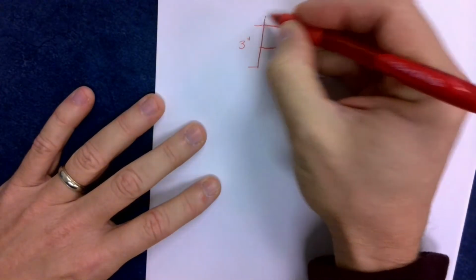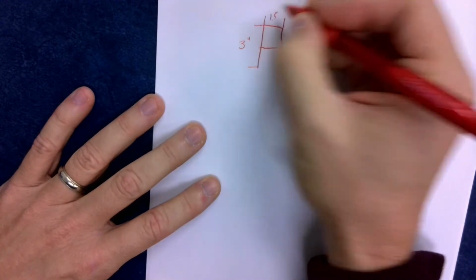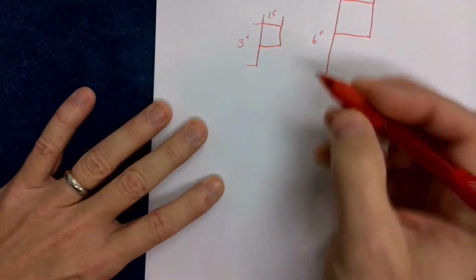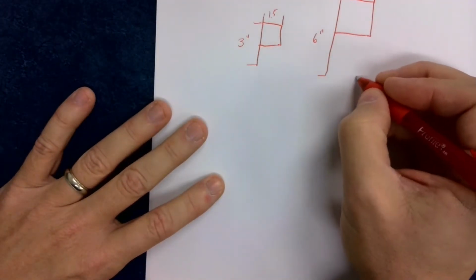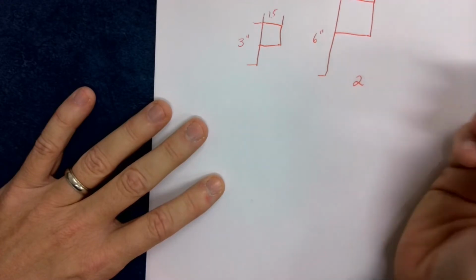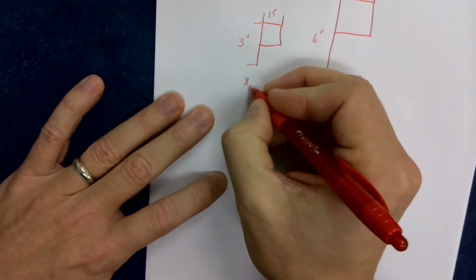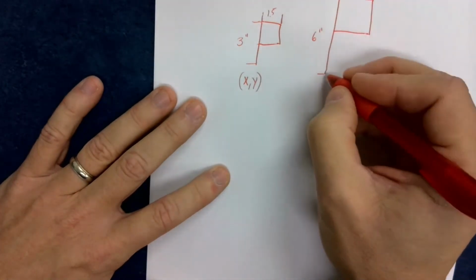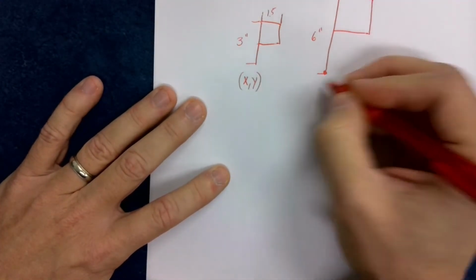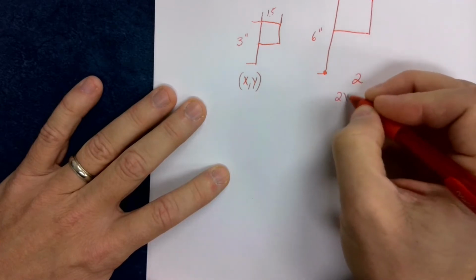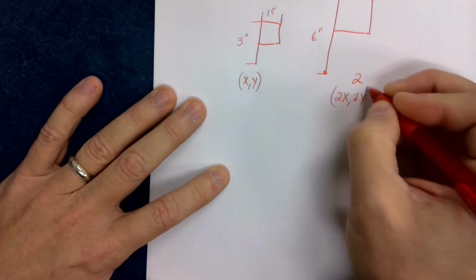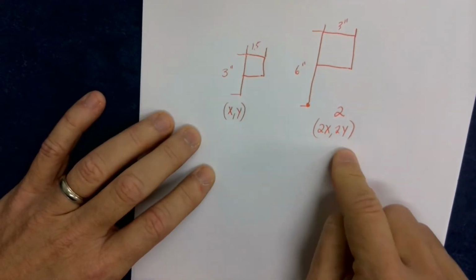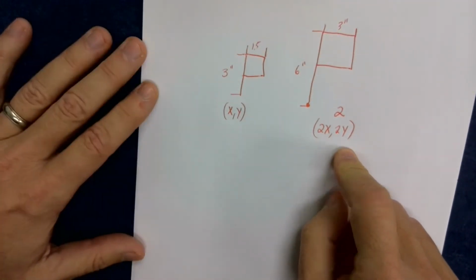And if this top part right here was 1.5 inches, then this top part right here would be 3 inches, and you would see that the scale factor is 2. Okay, it's going to grow by 2. So if I was to coordinatize this, any x, y that I had right here would become new points of 2x, 2y. We simply multiply each x, y coordinate by whatever the scale factor is.